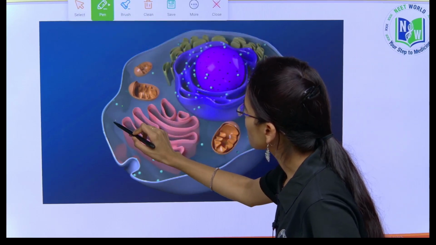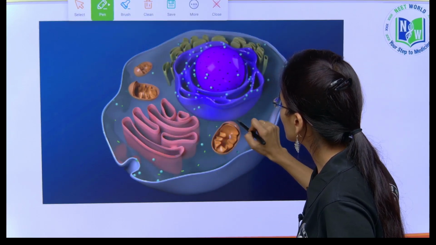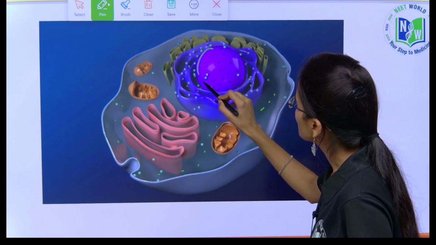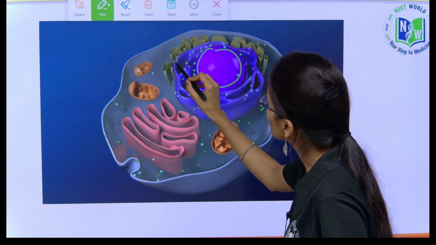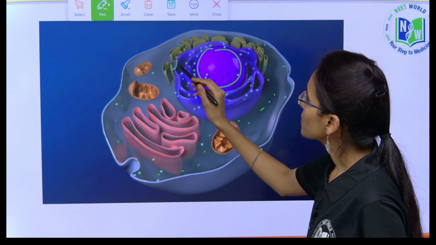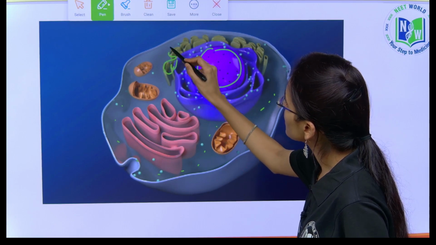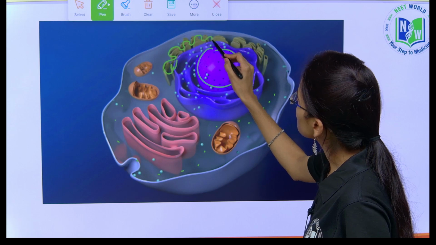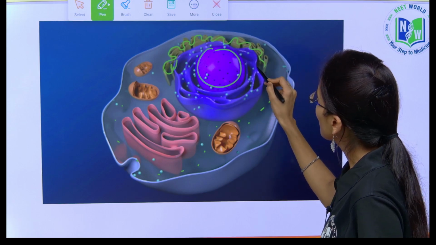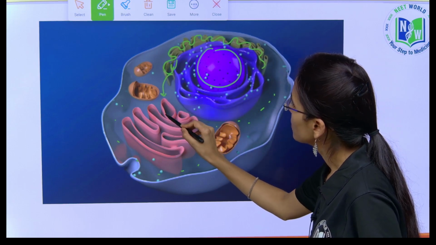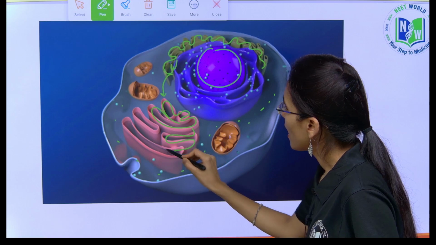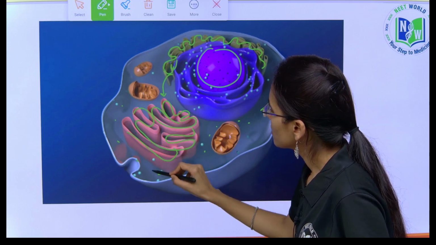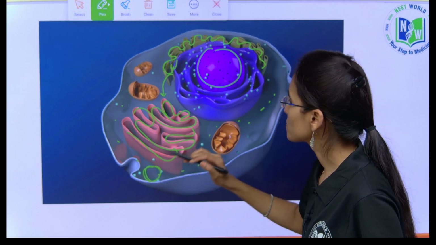Inside the cytoplasm of the cell, we have a nucleus which is surrounded externally. Above the nuclear membrane, we have a cell organelle called the endoplasmic reticulum. Next, we have Golgi bodies, and next, here we have the lysosomes.